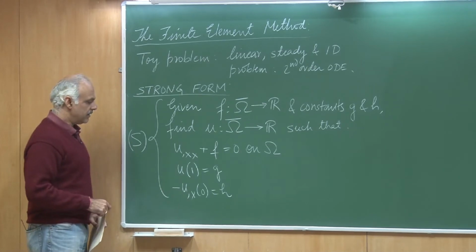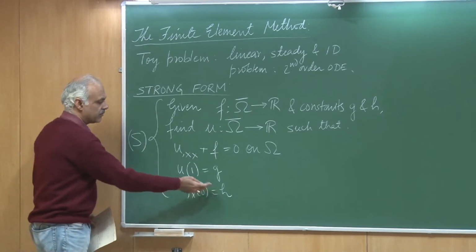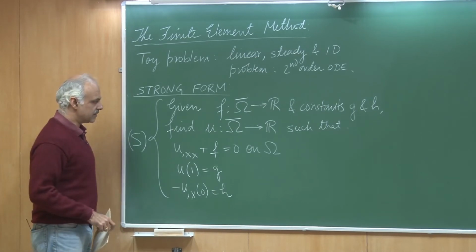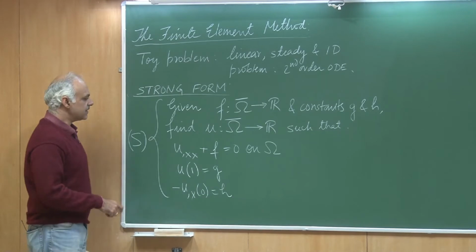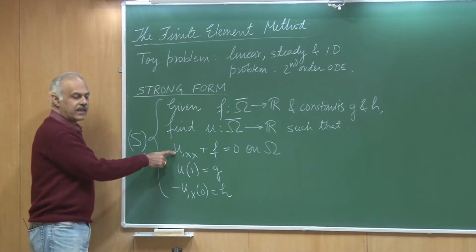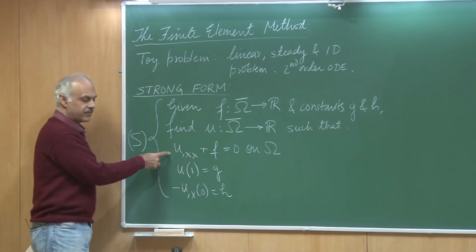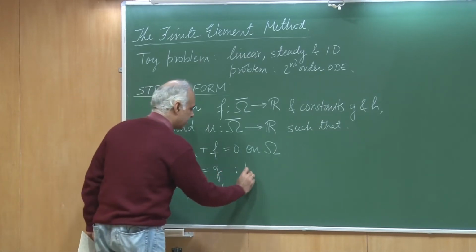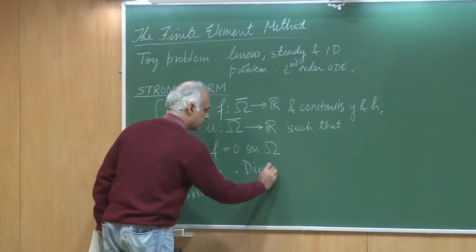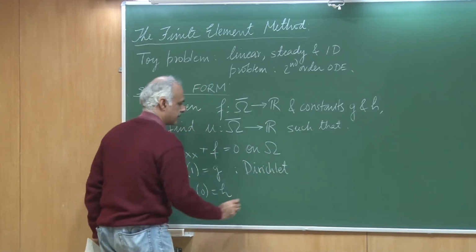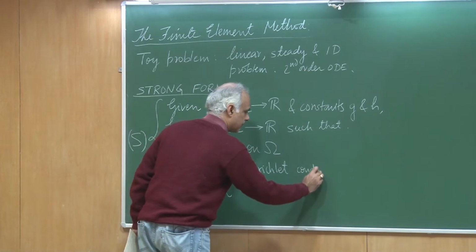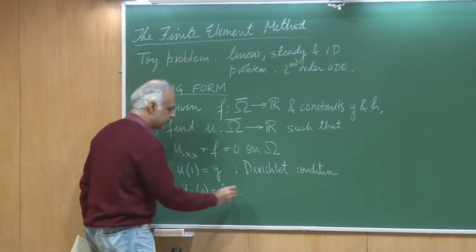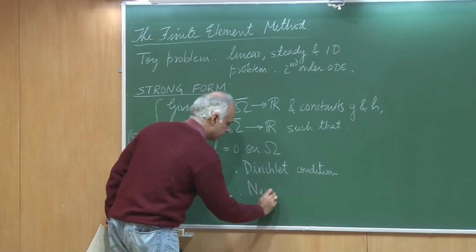An adiabatic condition would imply that h is 0, otherwise you have a flux that is specified here. So the challenge here is I have to find a u that satisfies this balance law, and it should also respect these two conditions. This one here is a Dirichlet condition, and the one over here is the Neumann condition.